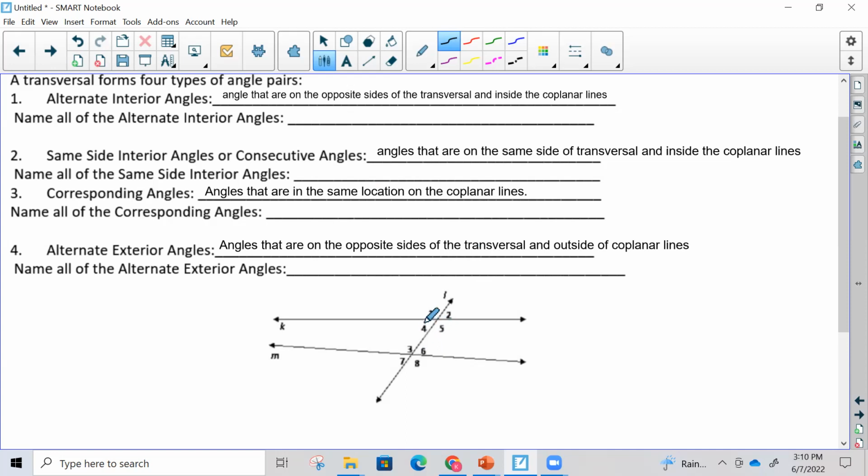If I pick 4, that's an interior angle. What is on the opposite side and also inside the other line would be 6. So angle 4 and angle 6 are an example of alternate interior. The other interior ones would be 5, and alternate to that is 3. So angle 5 and angle 3.